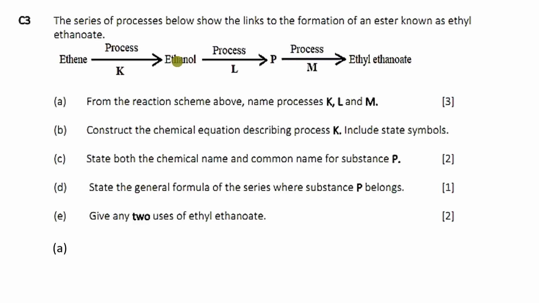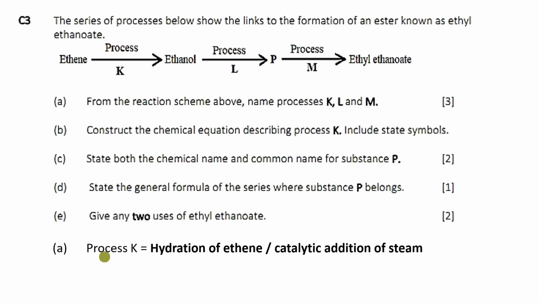So K is hydration, L is oxidation. Ethanol undergoes oxidation, forms ethanoic acid. Then ethanoic acid can react with the alcohol remaining to form ethyl ethanoate. So this process is esterification.